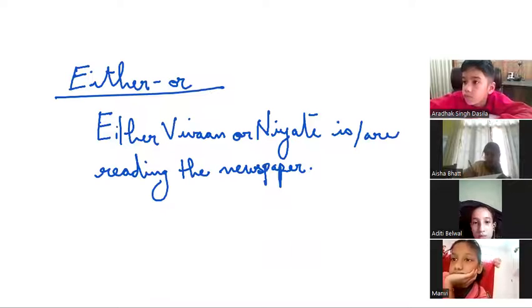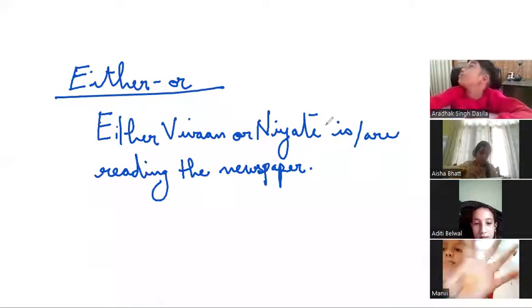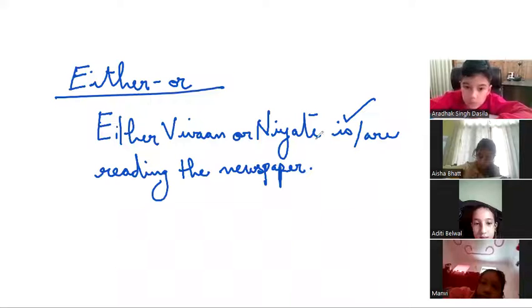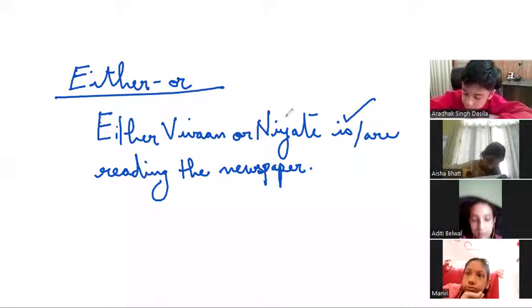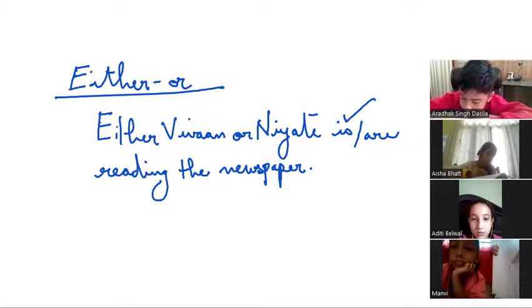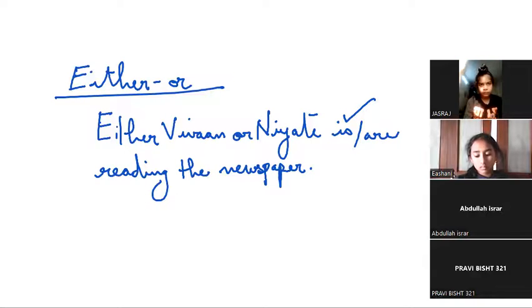Are both of them reading at the same time, or is it one of them who is reading? Sir, is. Right? So, या तो वो पढ़ रहा है या वो पढ़ रही है. One of them is reading. Either Vivan is reading or Niyati is reading. Right? So this is something which you need to keep in mind. With either or, if there are two singular subjects, then the verb will be singular.